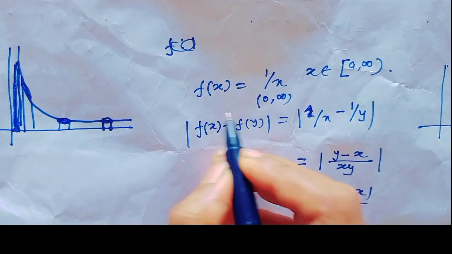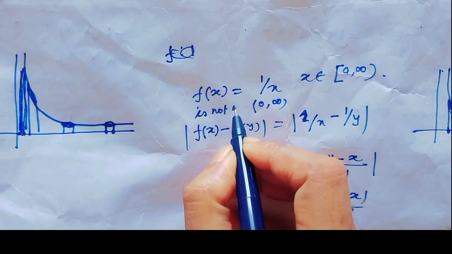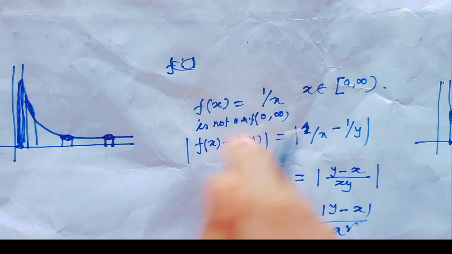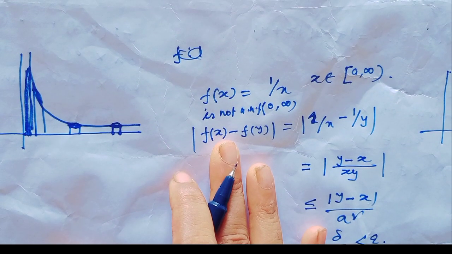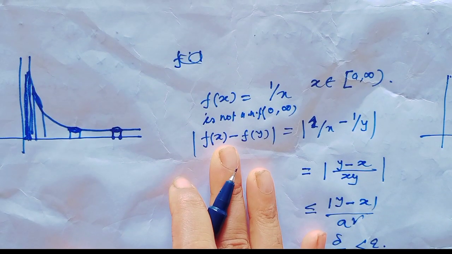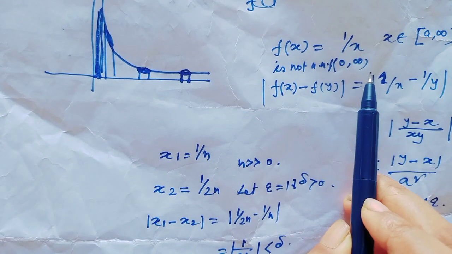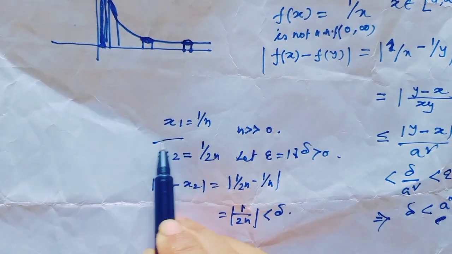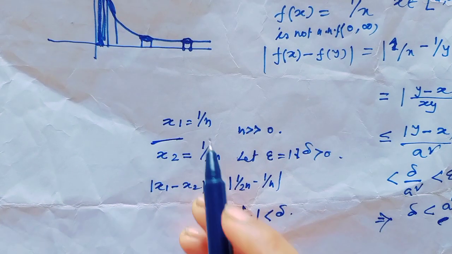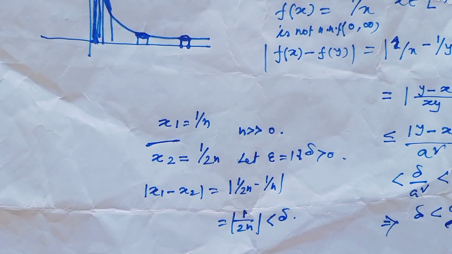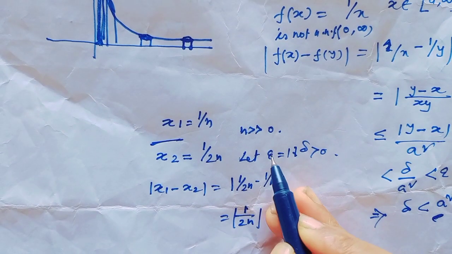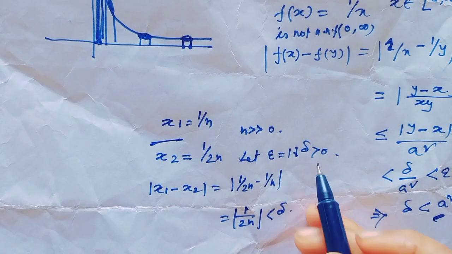Function is not uniformly continuous on the open interval (0, infinity). For this I will prove by sequentially. Consider two sequences near to 0. I will prove this function is not uniformly continuous near to 0. So consider two sequences near to 0, x1 equal to 1 over n and x2 equal to 1 over 2n, and consider epsilon equal to 1 and delta greater than 0.